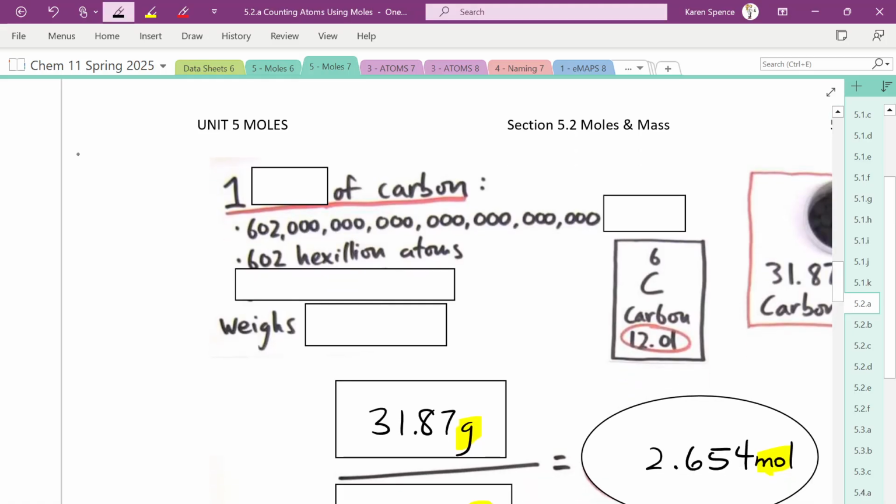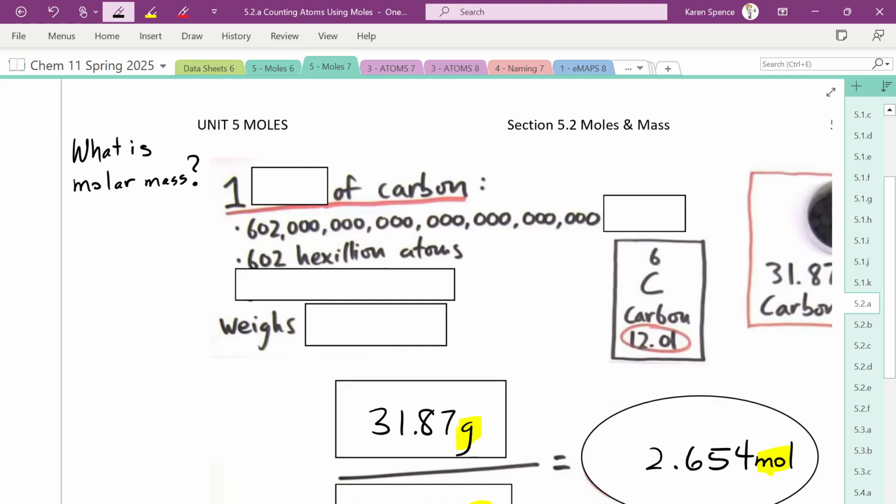Now, first of all, what is molar mass? Tell your partner, what is molar mass? You're absolutely right. It's how much 1 mole weighs.